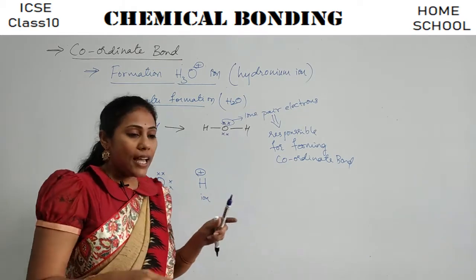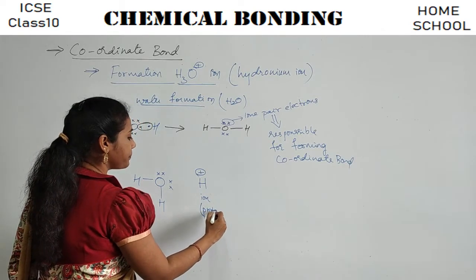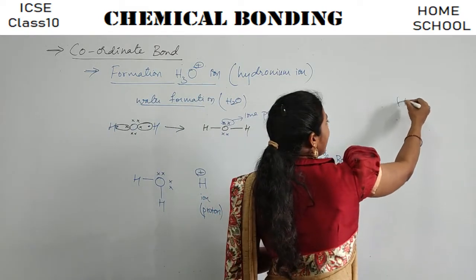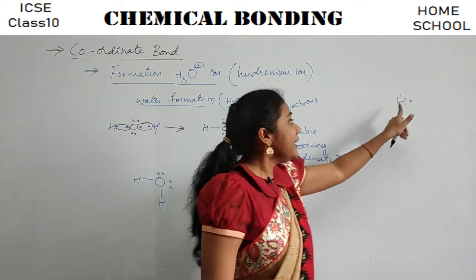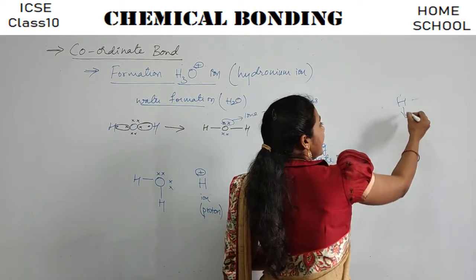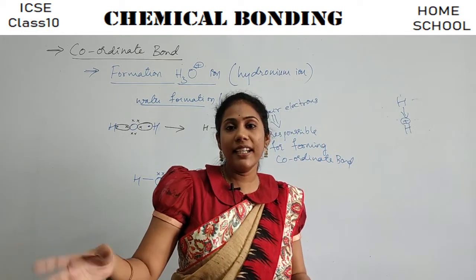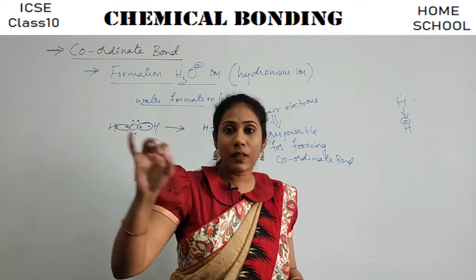The H plus ion is actually called a proton also. Usually a hydrogen atom has one electron in the outermost shell. In case it loses that one electron, then H becomes H plus. Losing one electron gives 1 plus, losing 2 electrons, plus 2, losing 3 electrons, plus 3.